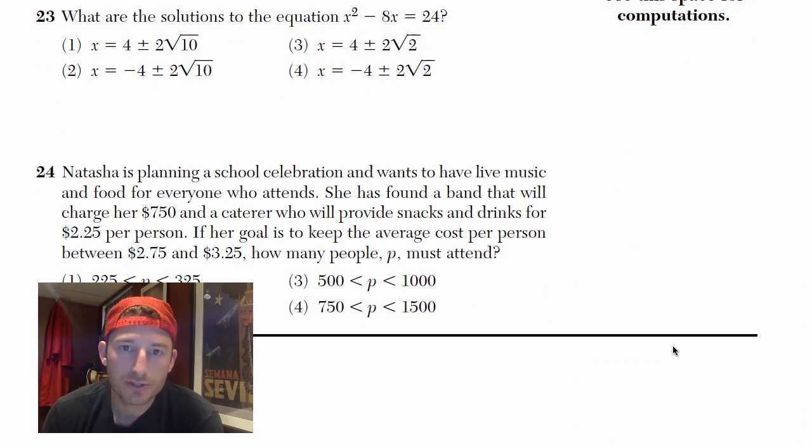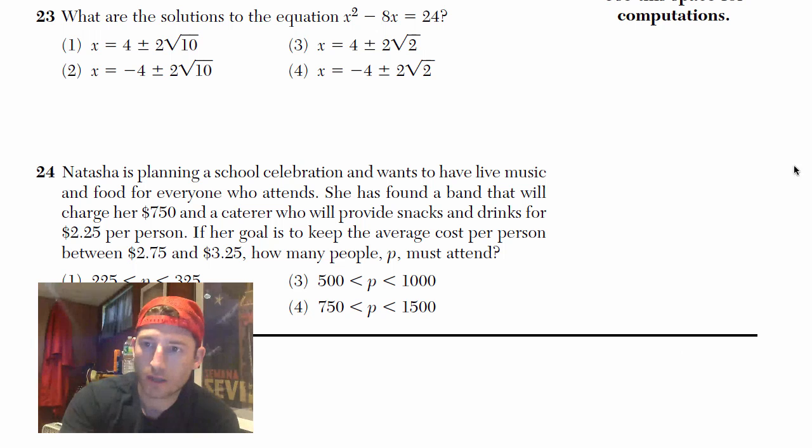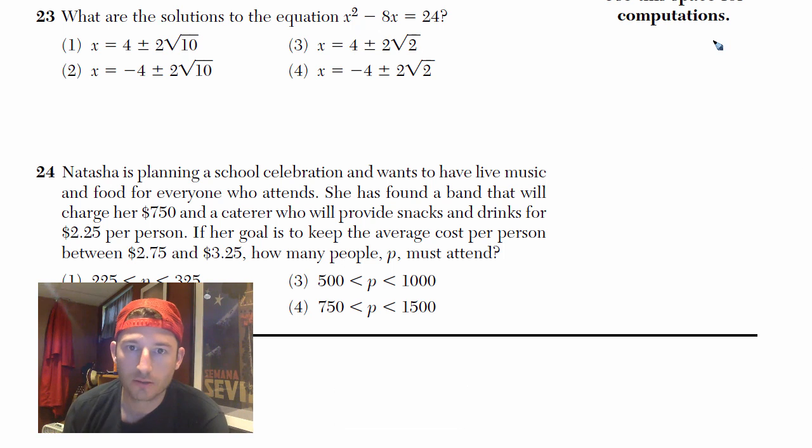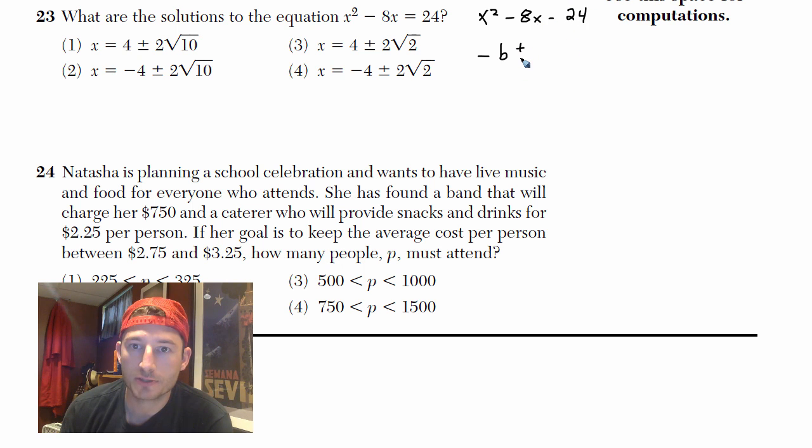All right, number 23. What are solutions to the equation x squared minus 8x equals 24? Wow, I gotta know quadratic formula, huh? Because I don't have my calculator on me. All right, so let's see here. X squared minus 8x minus 24. And it's negative b plus or minus radical b squared minus 4ac all over 2a.